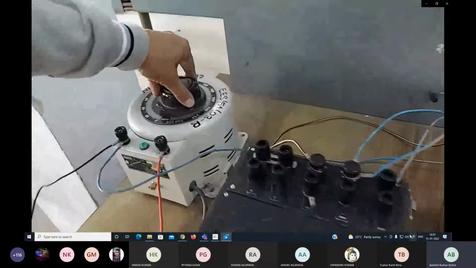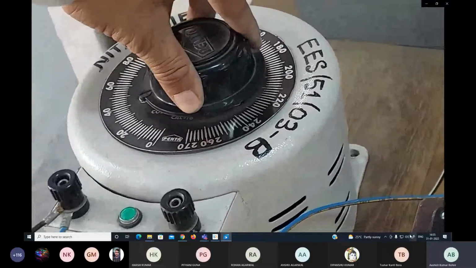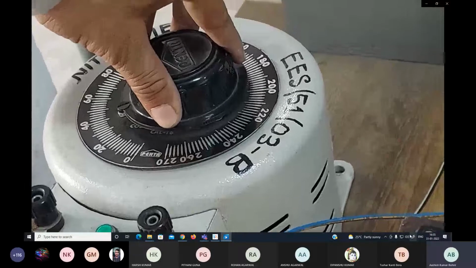We are increasing the voltage slowly, simultaneously checking the voltage.